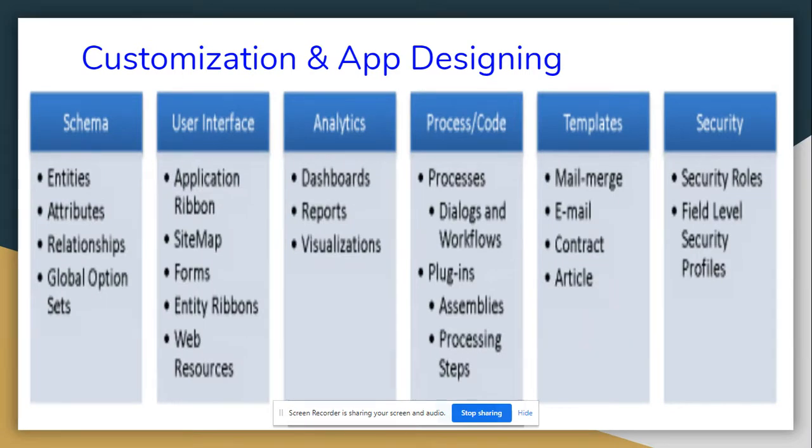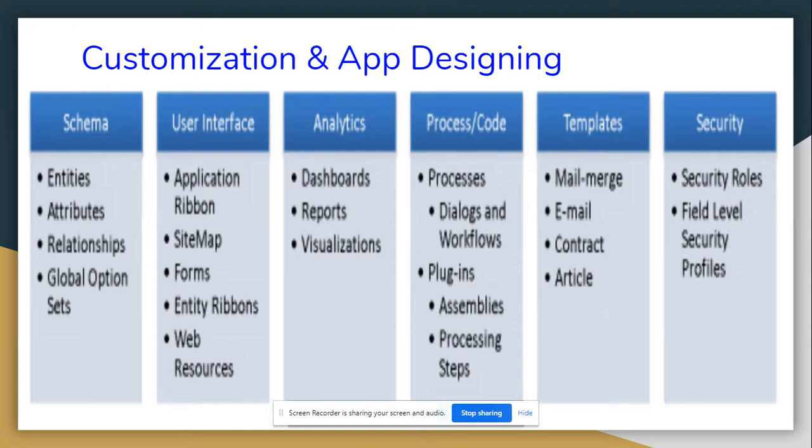And coming to the part of the customization and app designing, here we start technically. We need to understand these things, because there are some basic 4 to 5 blocks.